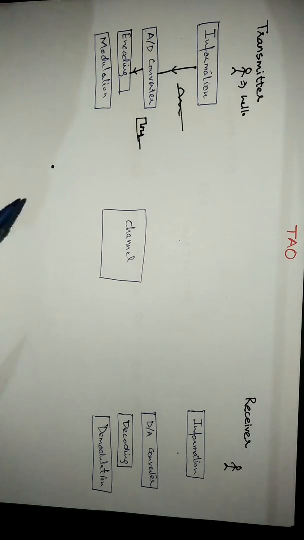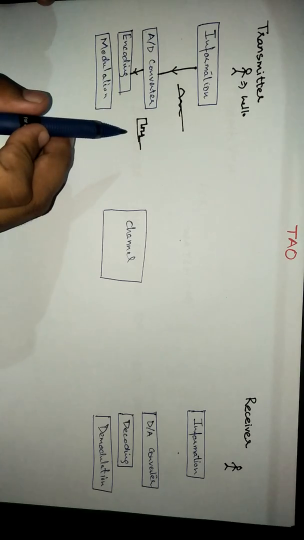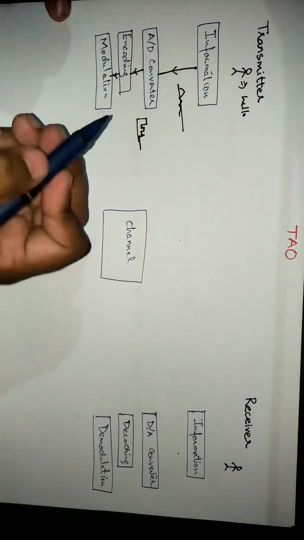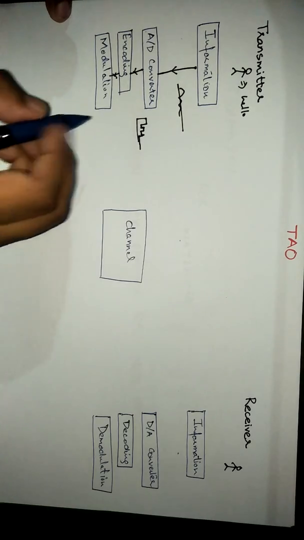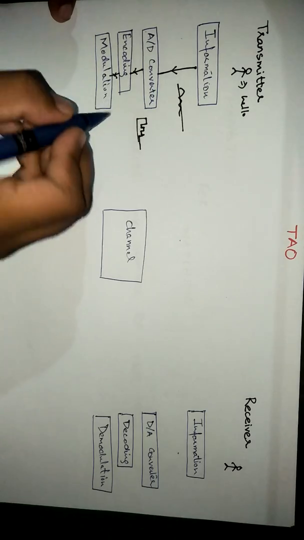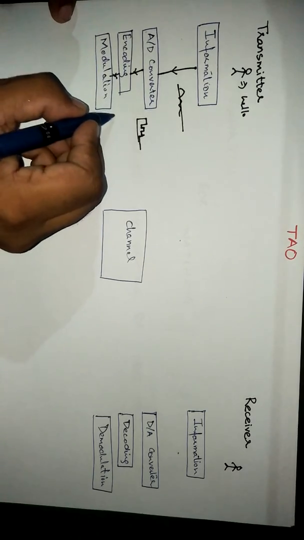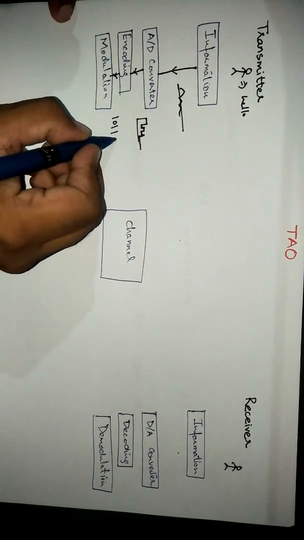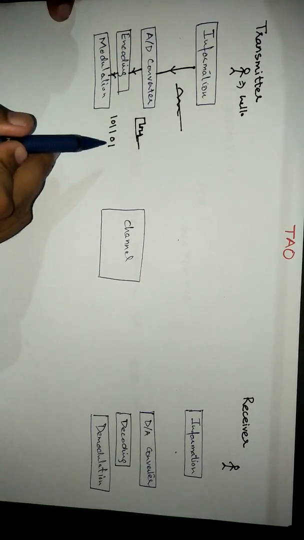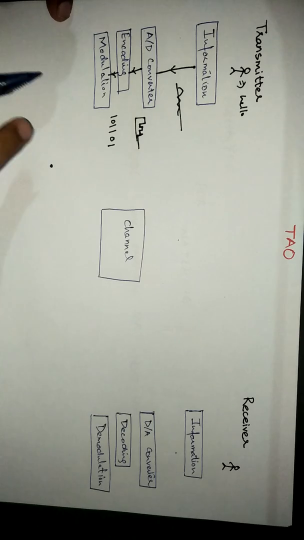That enables the transmission system to overcome the effect of noise and distortion. So the digital signal is sent. Later it is encoded. Encoded means to represent in the form of streams of bits. Let's say this signal is represented by 10101.